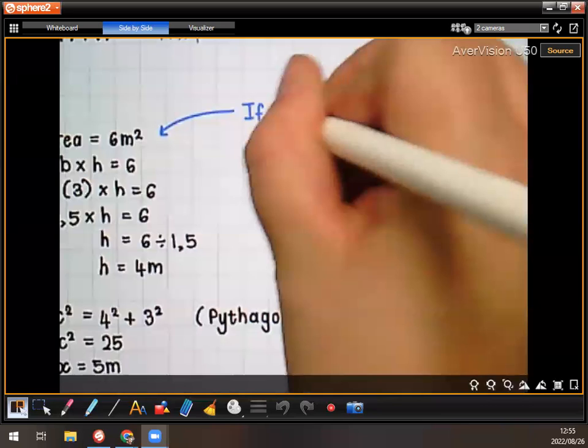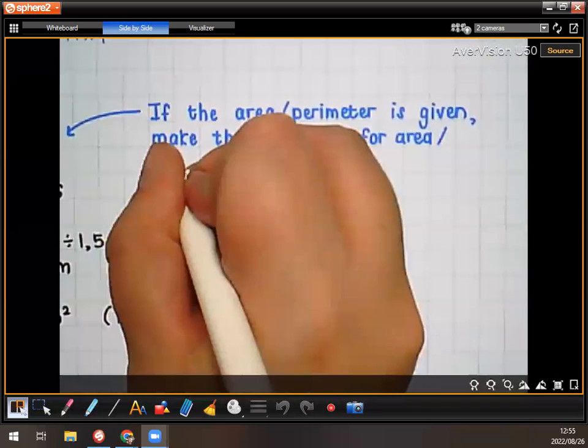I'm going to write the note down now. If they give you the area or the perimeter, you make the formula equal to that value, all right? And then you use that to find an answer. So I'm going to write here. Please write this down on the side, put a little bubble around it or box or whatever.